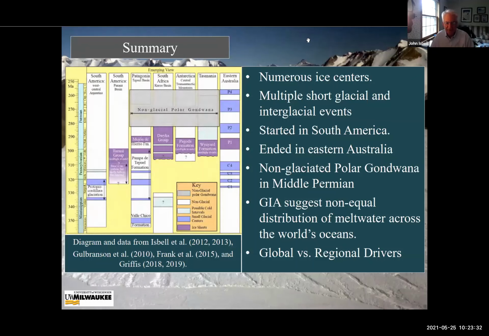In southern Africa, there are glaciations going on. There are interglacials or non-glacial events, but they're not these 20 million year intervals in between. So I think glaciation was more continuous than I originally thought based on the data at the time, and it's an idea that will continue to evolve as we get better and better dates.